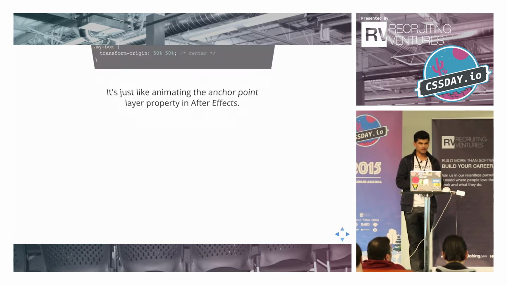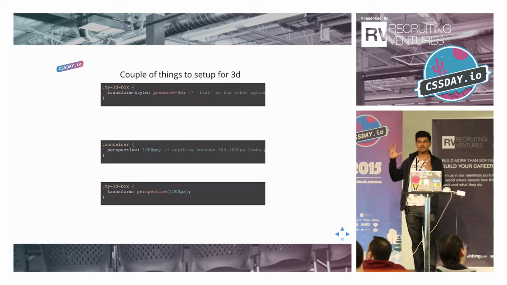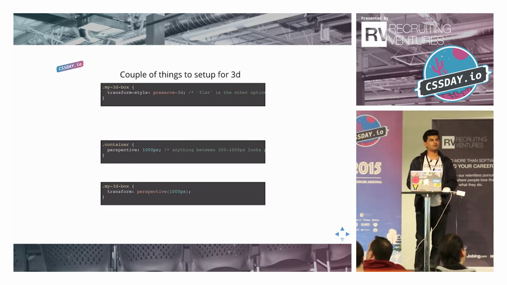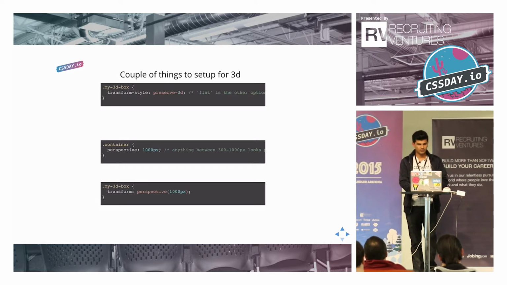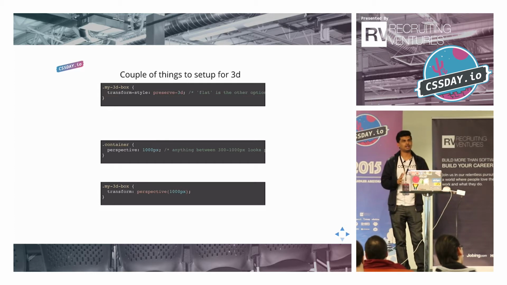So, a couple of things to set up for 3D. If you are interested in doing some kind of 3D rotation, I don't know when you would use it, but if you do use it, here are some good examples. You can do perspective, you can do transform, and again, these are the properties that CSS3 allows you to do.